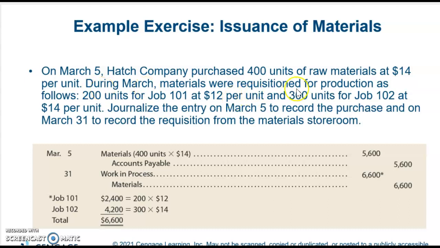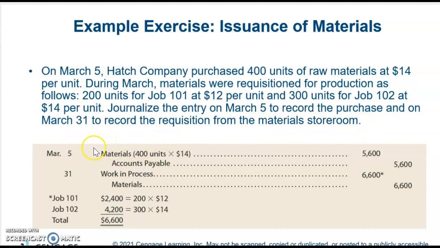The materials were requisitioned for production as follows: 200 units for job 101 at $12 per unit, and 300 units for job 102 at $14 per unit. Journalize the entry on March 5th to record the purchase, and on March 31st to record the requisition from the materials storeroom.